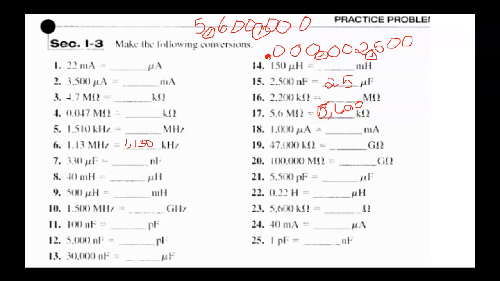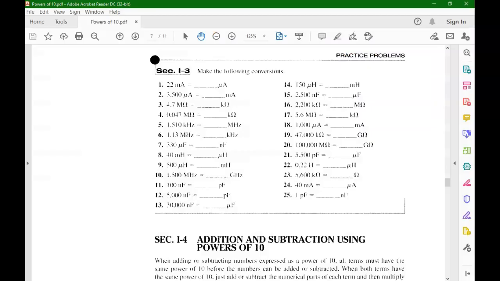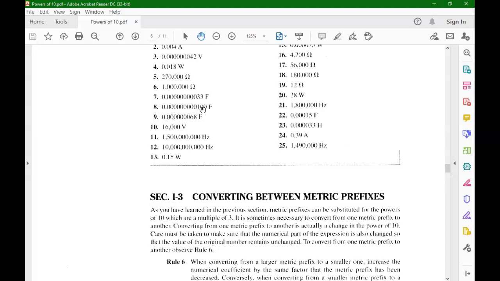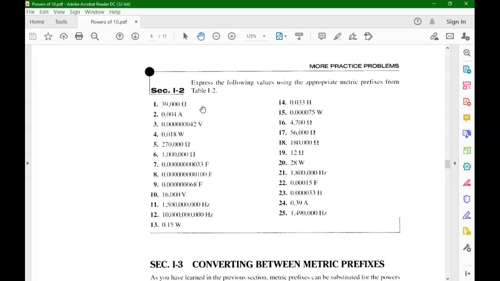That's kind of why I wanted y'all to practice with this and get the idea of why I tell y'all, when in doubt, write it out. I know it sounds silly, especially when working with this, but whenever you start digging into all this, it becomes less confusing than just going, oh, I've got to move my decimal this way, that way, and another way.